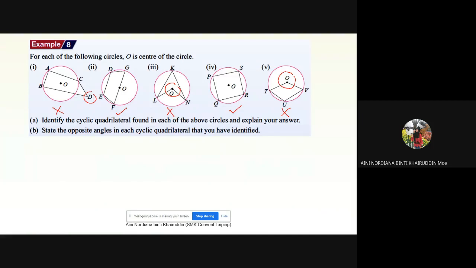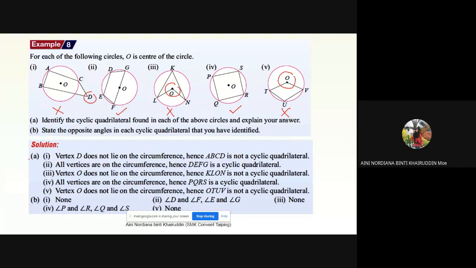Okay. So for question B, state the opposite angle. Only cyclic quadrilateral has opposite angle. For non-cyclic quadrilateral, there is no opposite angle. So that's why for B1, no, B3, no, and B5 also no, none, because dia bukan cyclic quadrilateral.